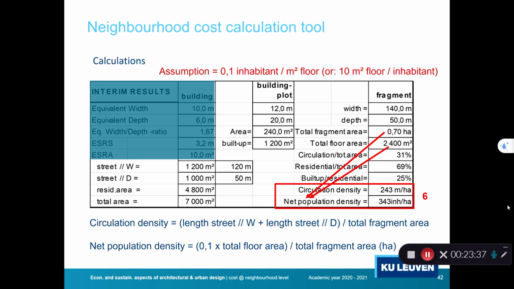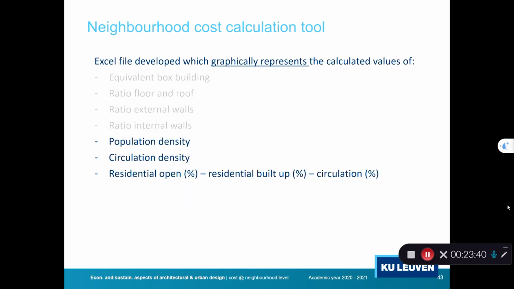That's the final calculation to be done. Based on all of these, we will first of all graphically represent the density results. More specifically, we will graphically represent the population density, the circulation density, the residential part that is open, the residential part that is built up, and the circulation.